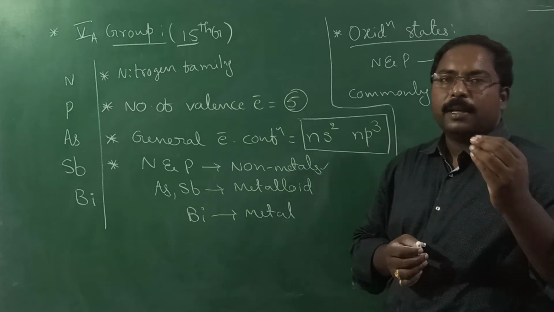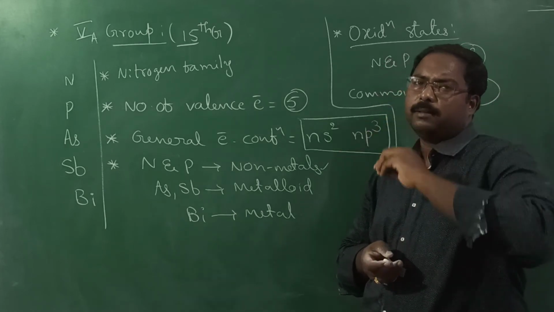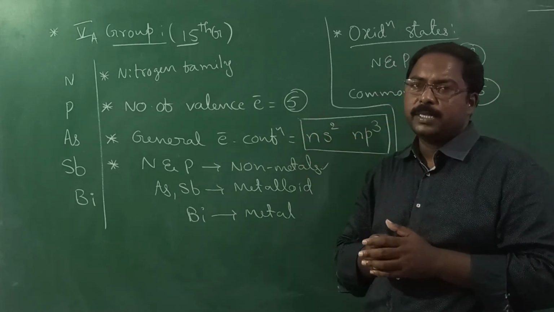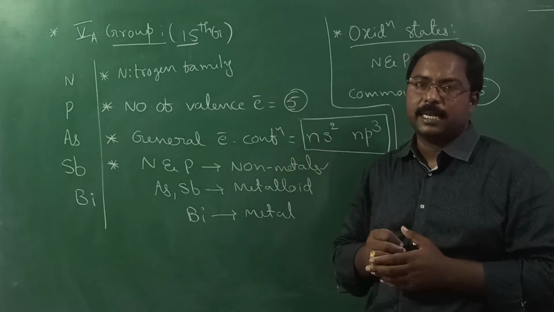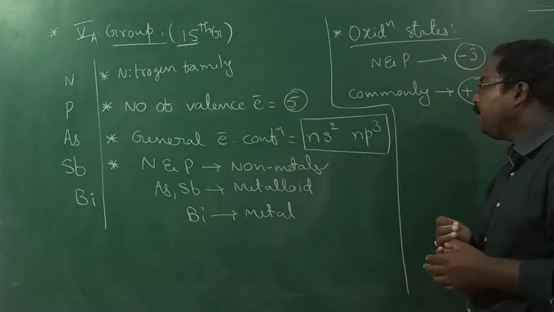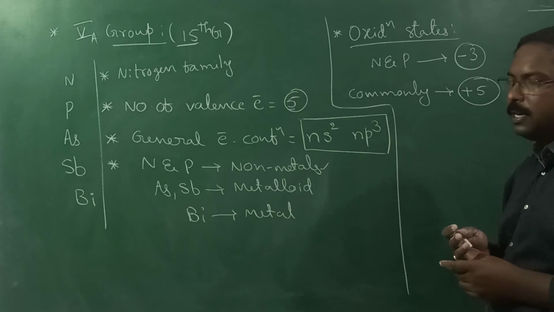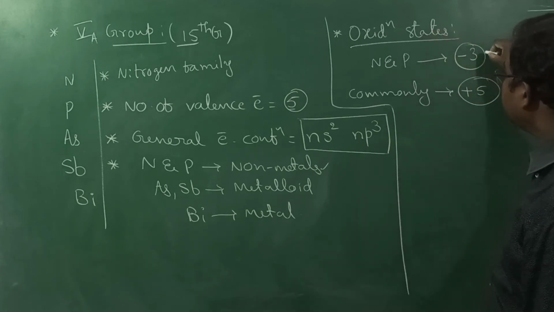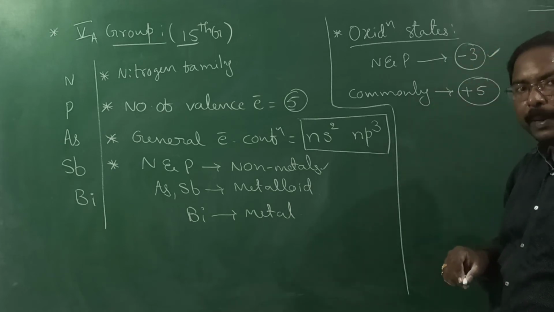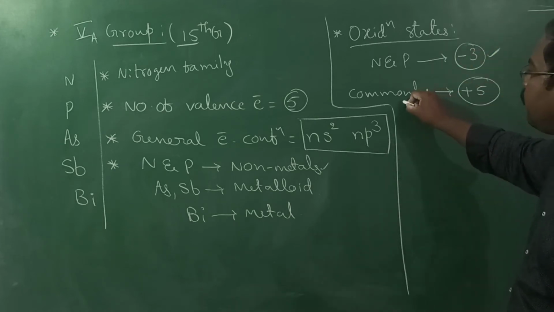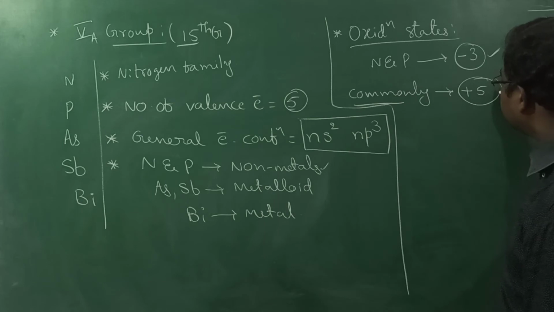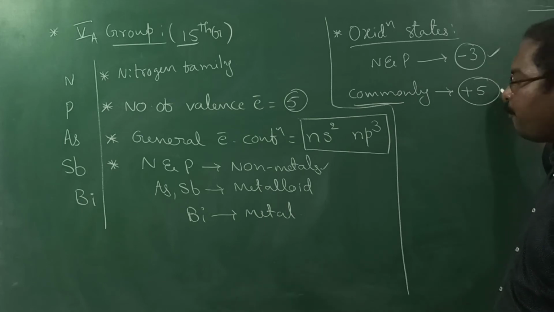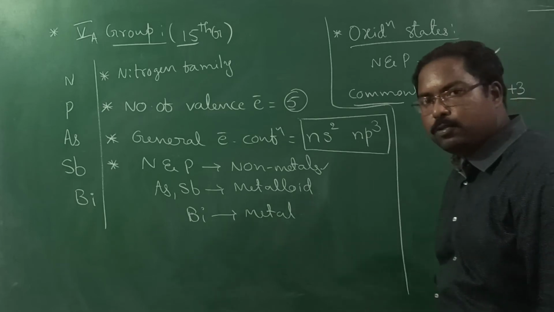In the starting basic concepts of chemistry, we will discuss their oxidation states, even in redox reactions also we will discuss. Remember this mainly: these two elements commonly exhibit -3, but all these elements of 5A commonly exhibit oxidation state +5, and along with that they will exhibit +3 also.